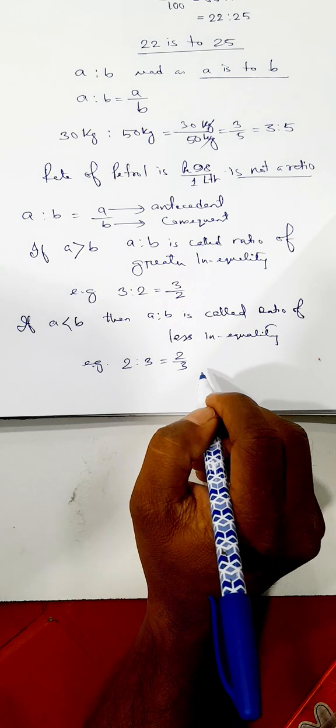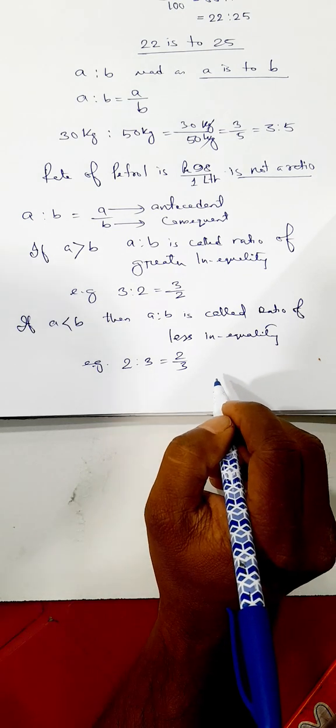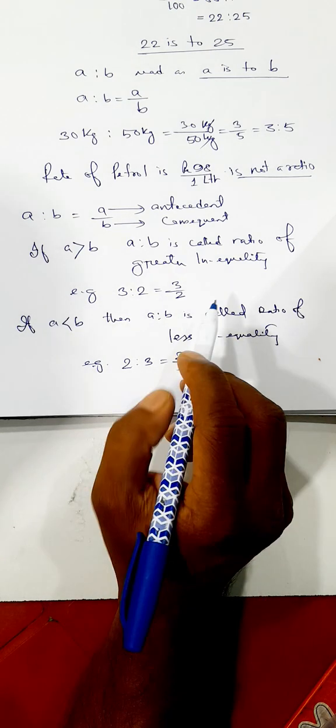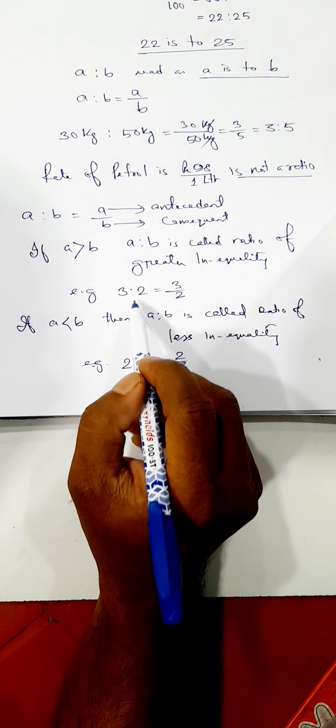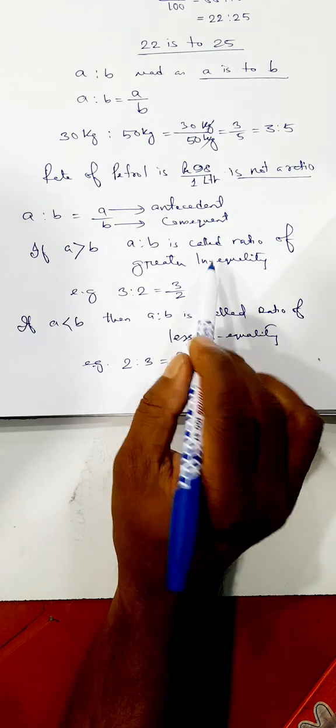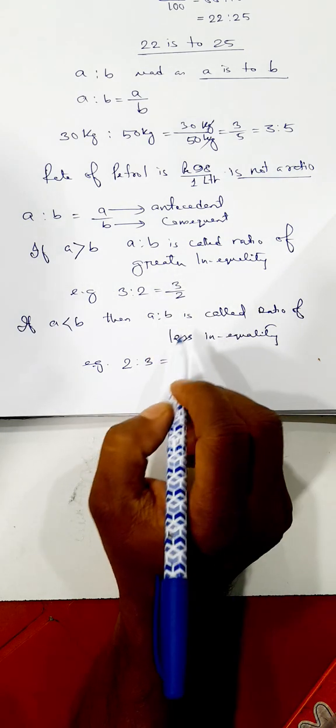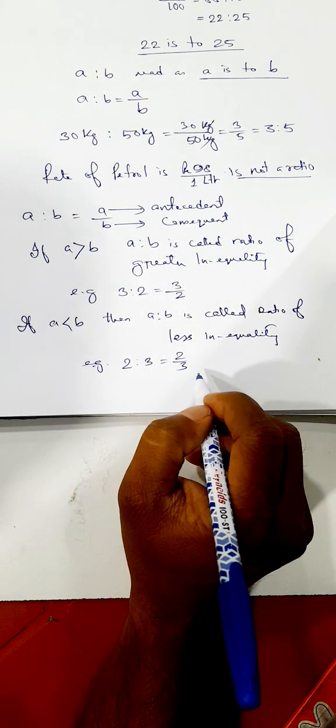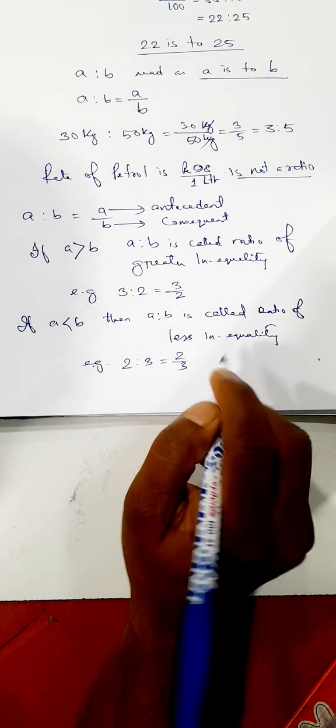So when it is a proper fraction, we call it ratio of less inequality. That means if antecedent is greater than consequent, we call it ratio of greater inequality. When antecedent is less than consequent, we call it ratio of less inequality.